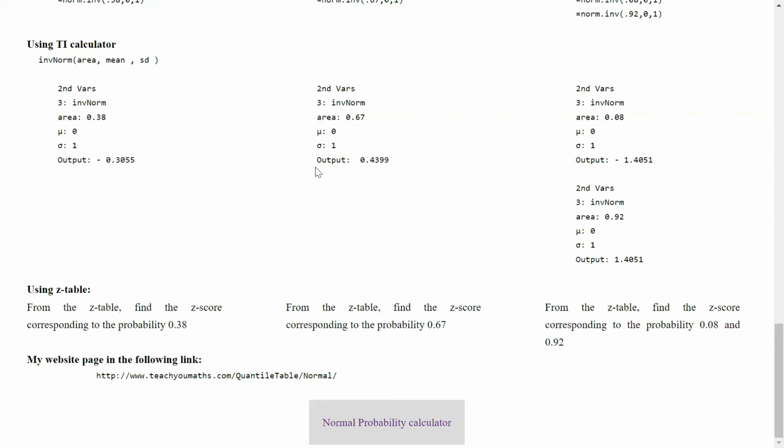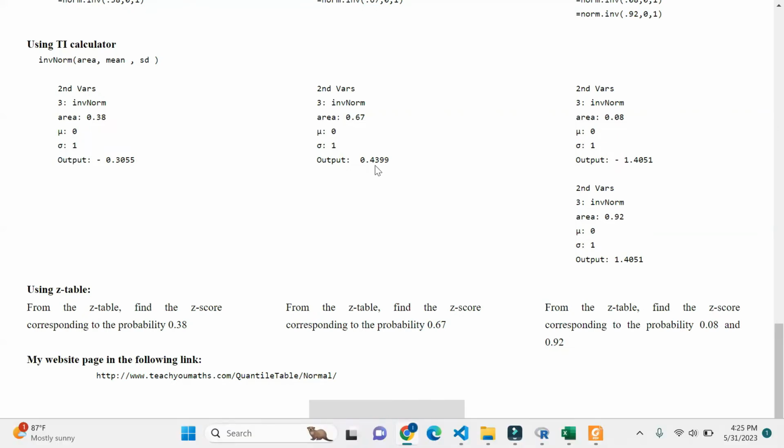Next, enter area equals 0.67, which is the complement of the right probability. This results in the right quantile 0.4399. Last, enter area 0.08 for the lower tail of middle probability.